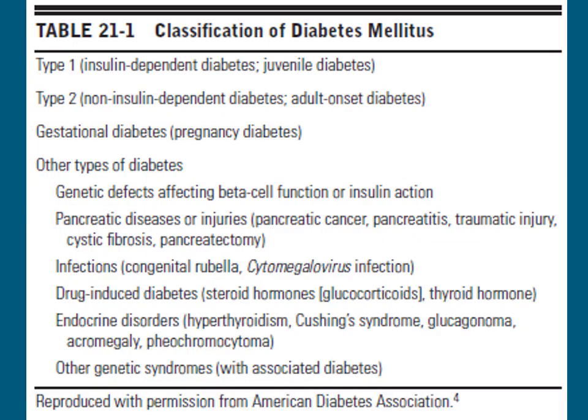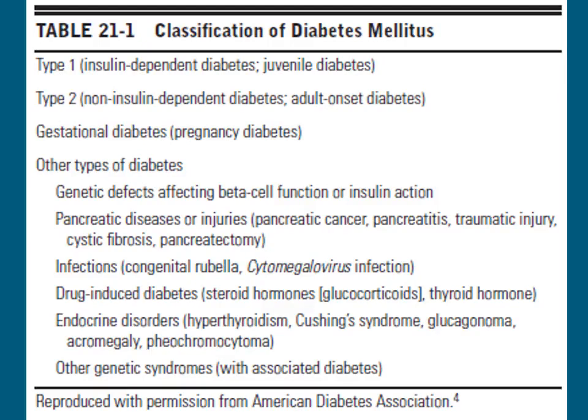Classification of diabetes mellitus. It is of two types, type 1 and type 2. Type 1 is insulin dependent diabetes or juvenile diabetes. Type 2 is non-insulin dependent diabetes or adult onset diabetes. Next, gestational diabetes, which is pregnancy diabetes.